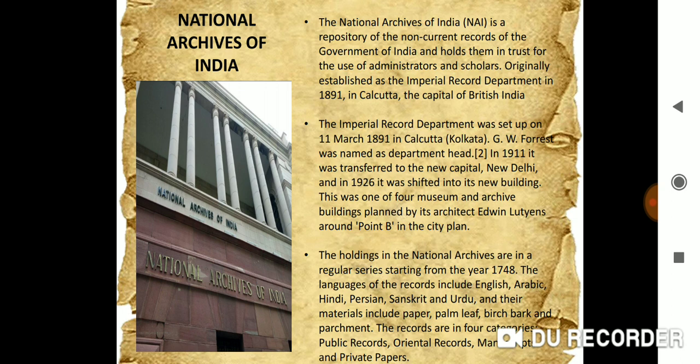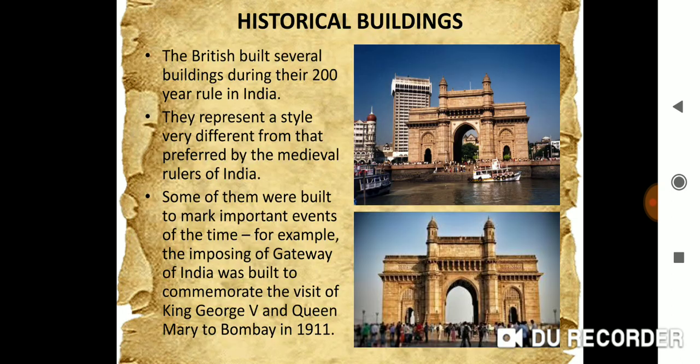Now we will finish our discussion with the last part, the historical buildings. The British built several buildings during their 200 years of rule in India. They represent a style very different from that preferred by the medieval rulers of India.